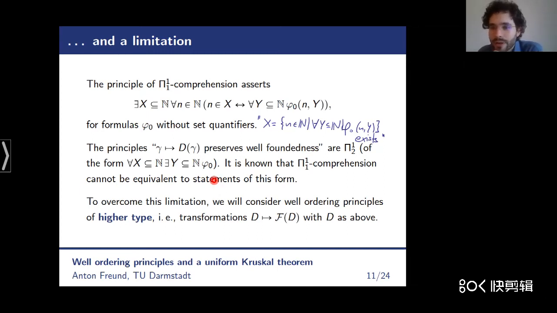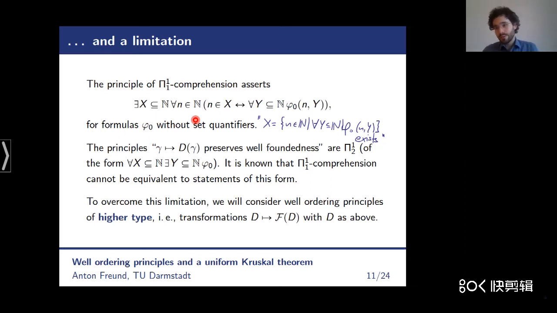And it is known that pi-1-1 comprehension, so the principle which asserts the existence of these complicated sets, cannot be equivalent to any statement of this form. So once again, pi-1-1 comprehension, which is a very important axiom in reverse mathematics, cannot be equivalent to one of these type 1 well-ordering principles that we have been looking at so far.